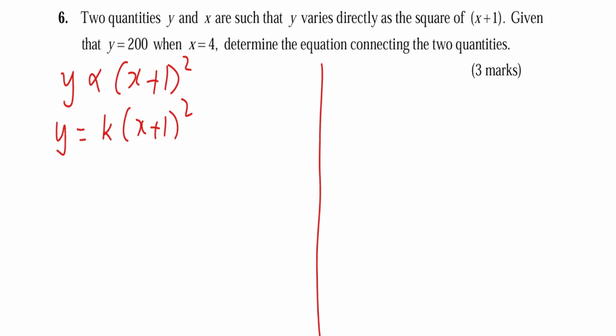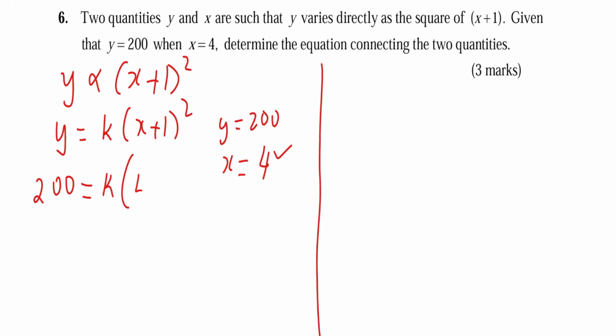So when y equals 200, x is equal to 4. Now let's find the value of k. So replace the y with 200. K, since we don't know it, we will leave it like that. But for the x, it is 4 plus 1 squared. So that gives you k into bracket 4 plus 1, which is 5 squared.